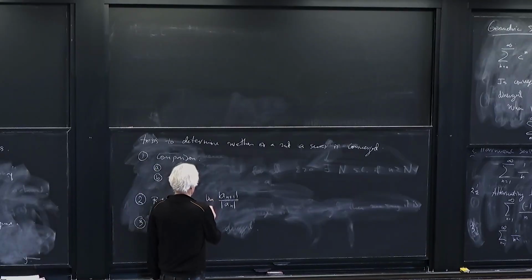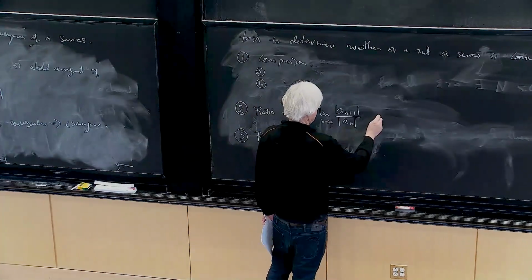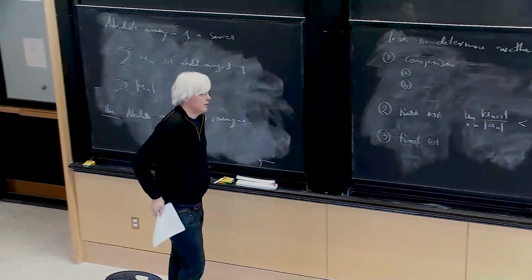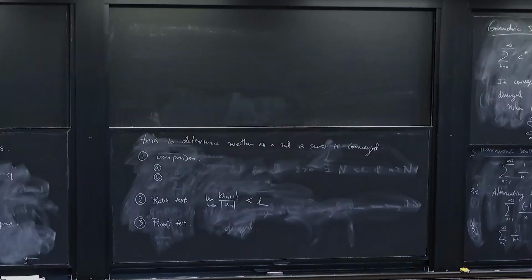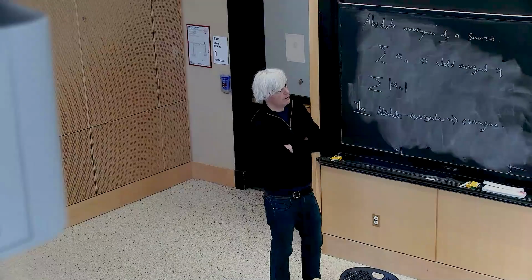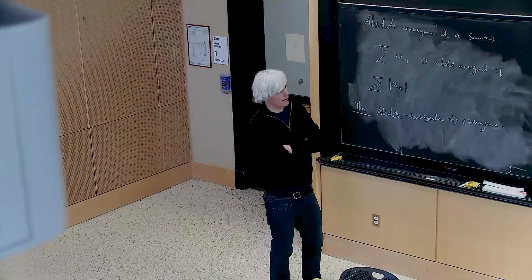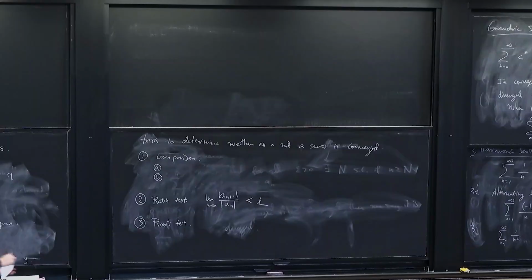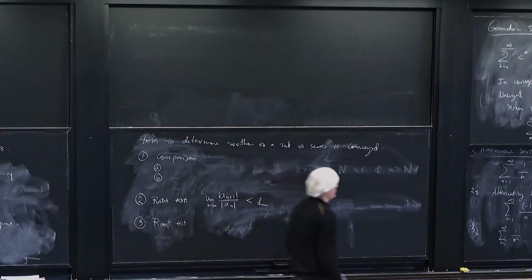Then if the limit as n goes to infinity is less than 1, the ratio test says the series is convergent. If the ratio is bigger than 1, then the terms an would not even go to 0, right? So in this case, maybe I'll write it over here.